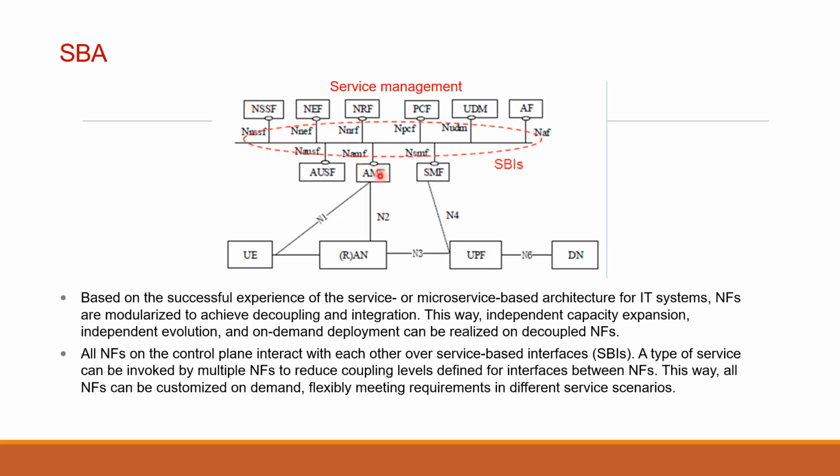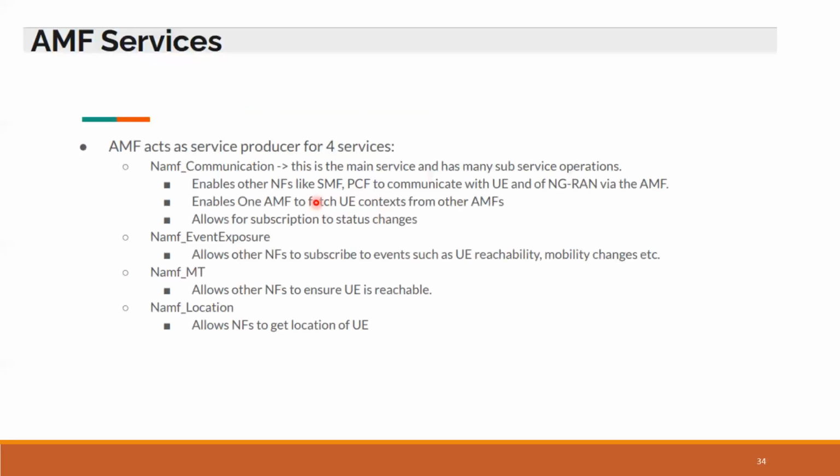AMF is a network function, and AMF is responsible for giving out different services. This part introduces the different unique services that AMF is providing, and this will then correlate with how the network repository function comes into play, and how the actual communication with different network functions takes place.